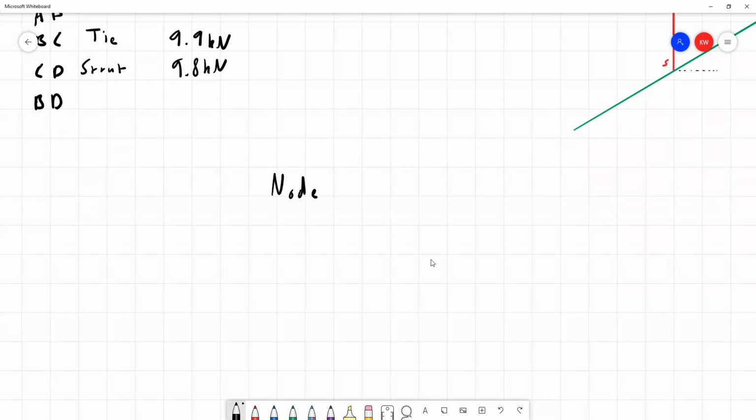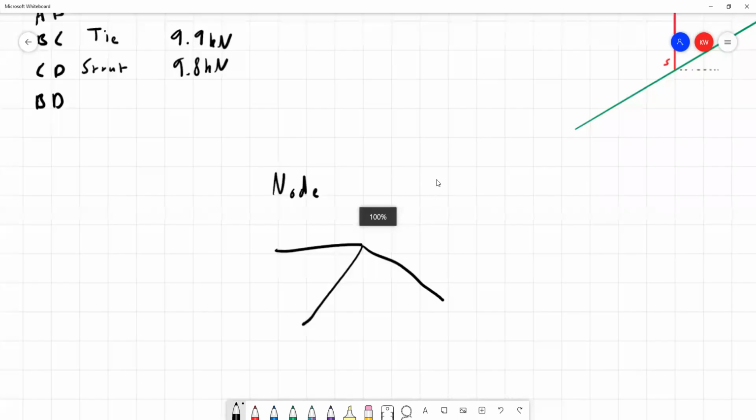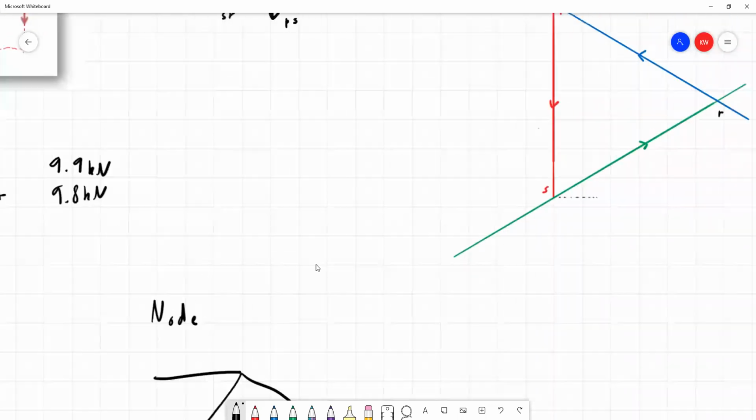Well, at node B, we have 3 members interacting together. We have the member AB, the member BD, and the member BC. We're going to start labeling these in a second, but we can actually say something about the member BC.